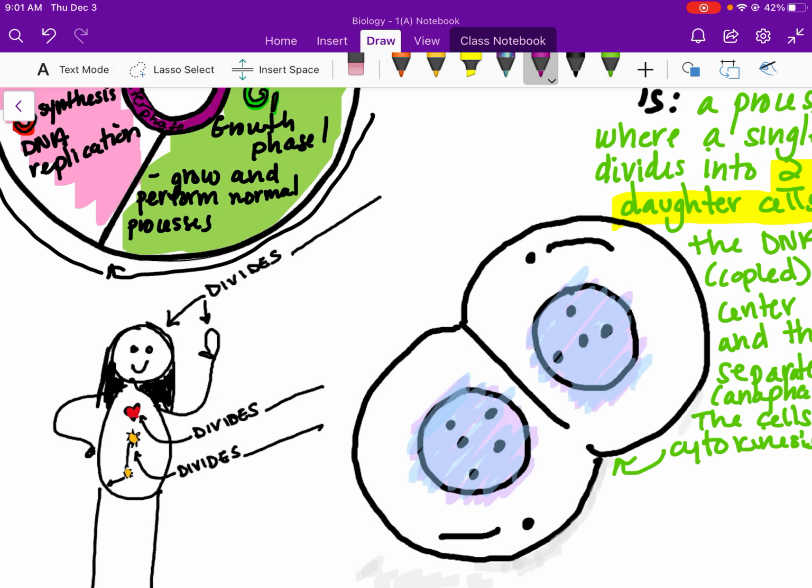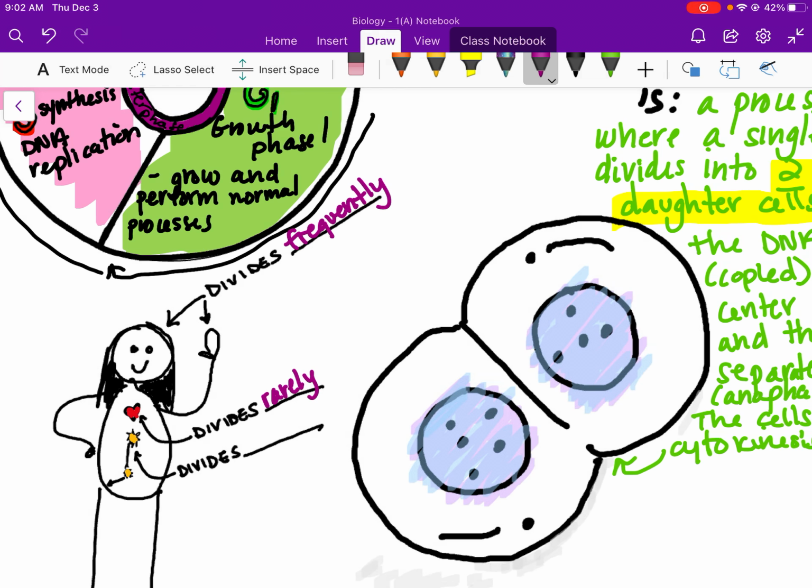So we have hair cells and skin cells. These are things that divide frequently. So we're constantly getting new hair. If you cut yourself, your skin has to replicate itself to heal. On the other hand, we have heart cells and our nerve cells. Our heart cells divide rarely. That's new data. We used to think they didn't divide at all.